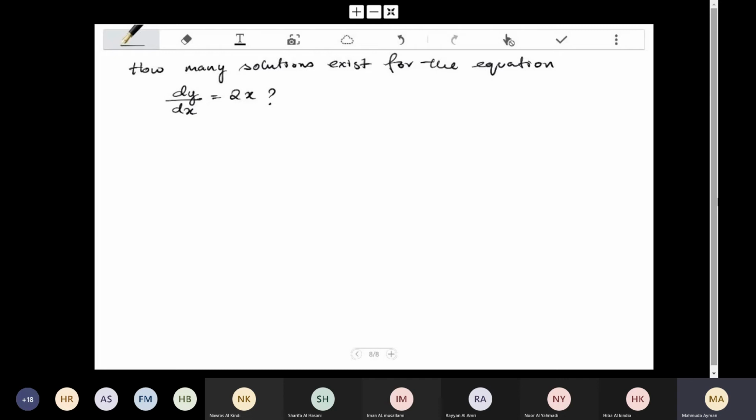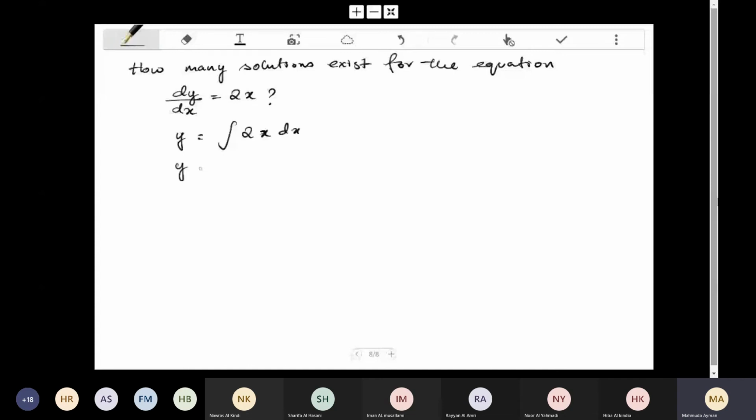To get the function, the value of y, we need the antiderivative. We need to find the antiderivative of 2x. So y would be the antiderivative of 2x dx.